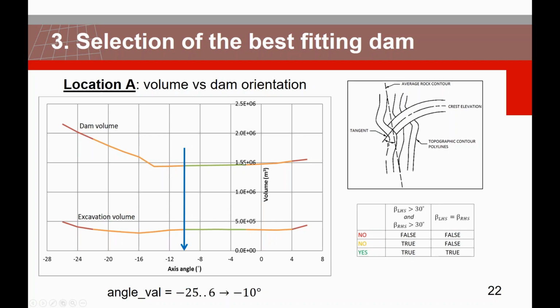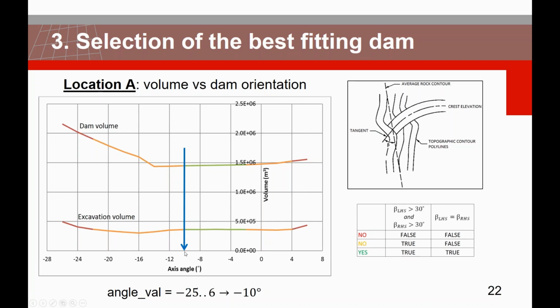And of course, because if we're going to rotate again even more, we're going to end up again with a very rotated dam that we don't want to have. So, by focusing on the green areas, we can see that here we have the blue arrow that says that for this axis angle, which is minus 10 degrees, we have the most economical or the best fitting dam for this location.